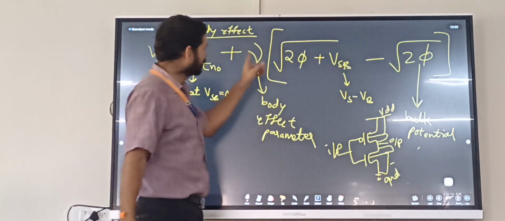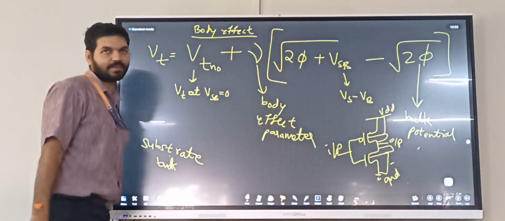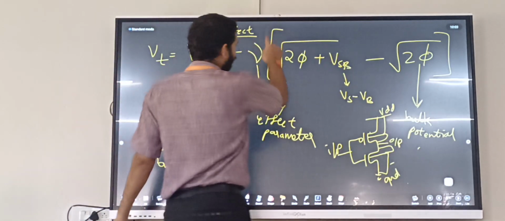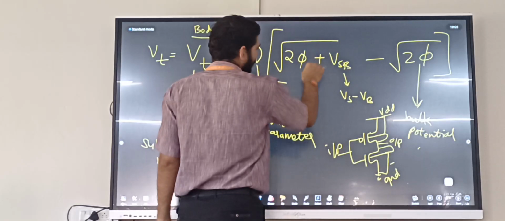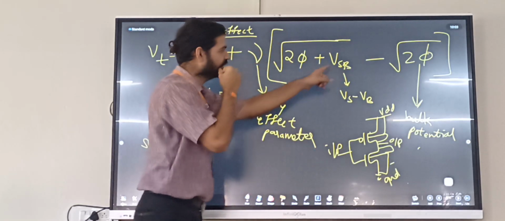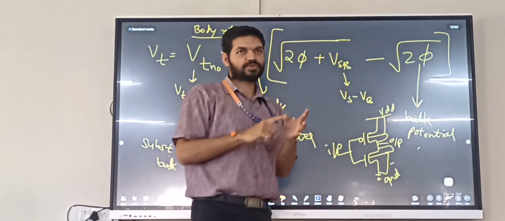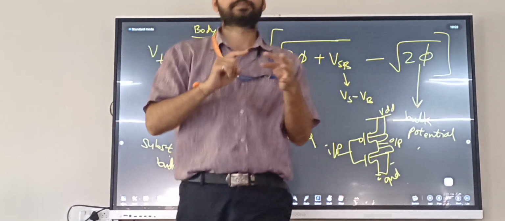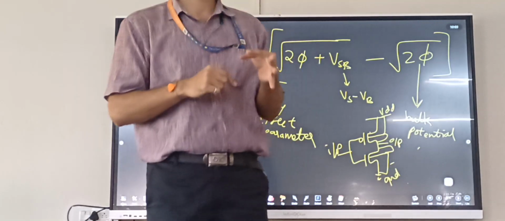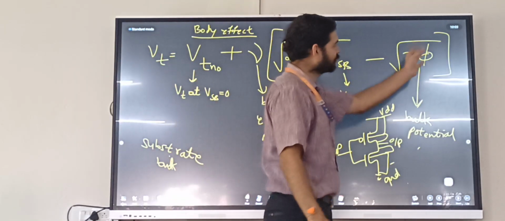This is gamma into root of 2φ plus VSB. What is VSB? It is the source to bulk voltage, Vs minus Vb, minus root of 2φ.